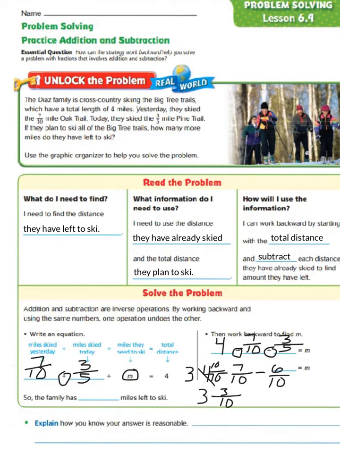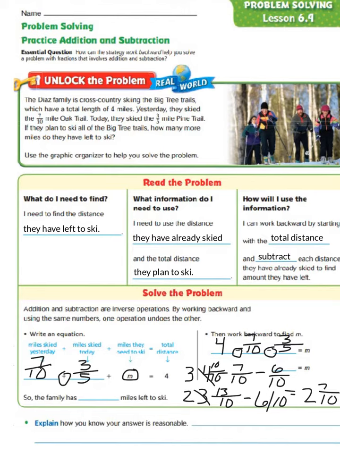So 3 and 3/10 minus 6/10. And in order to do that, we have to borrow again, 2, and add our 10/10 to 3/10 to give us 13/10. That's going to leave us with 2 and 7/10.